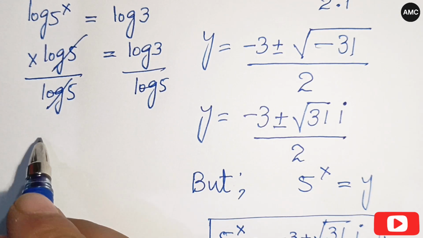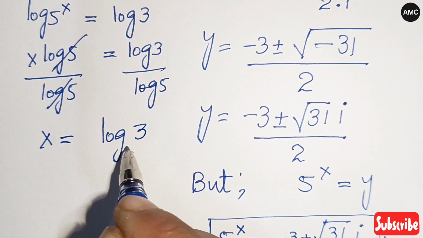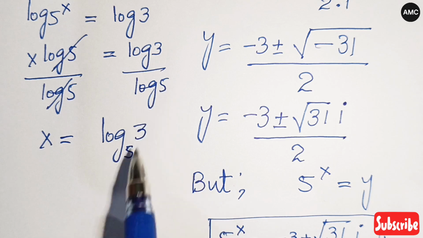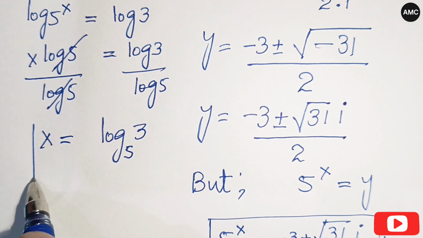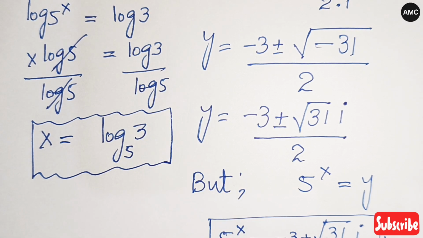We have x is equal to log 3 to base 5. Here we use the logarithm law: log a over log b is equal to log a to base b, so x is equal to log 3 to base 5. So it is our value of x.